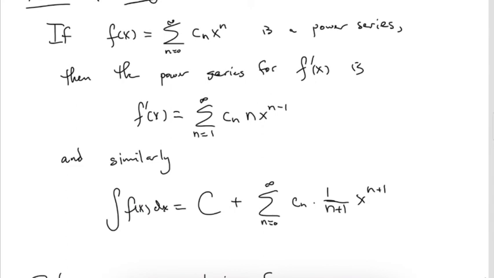So what used to be the constant c sub 0 should not be part of the new series at all, because when you take the derivative, the old constant goes away completely. And so we need to start the summation at n equals 1 instead of n equals 0. Sorry about that. The integral is still correct.